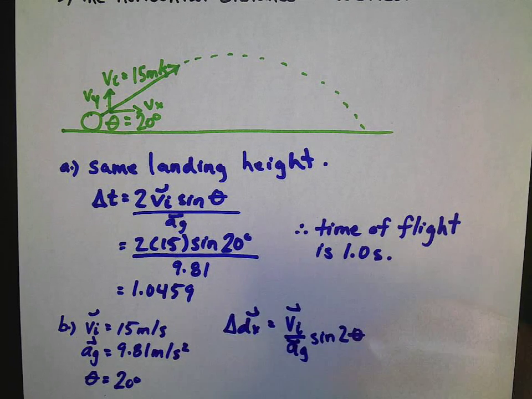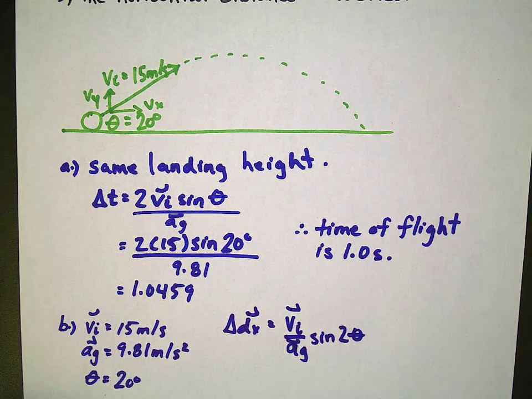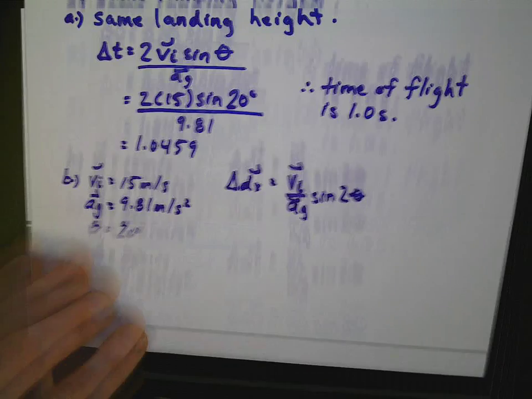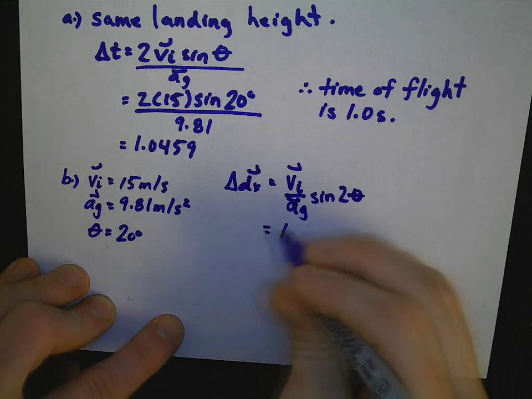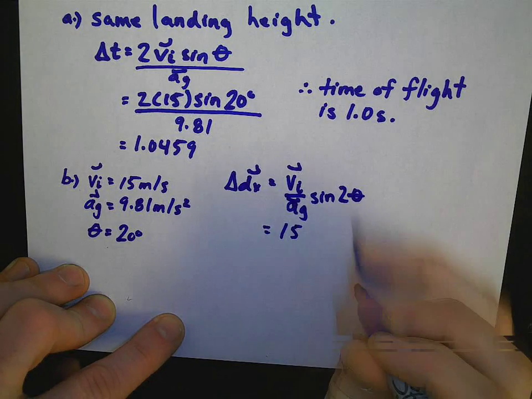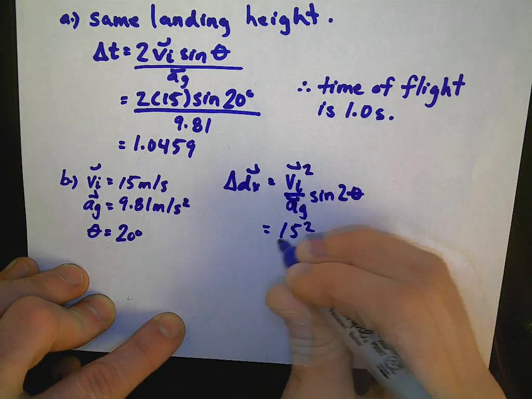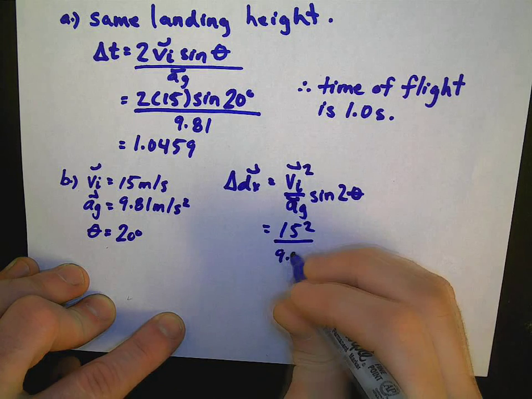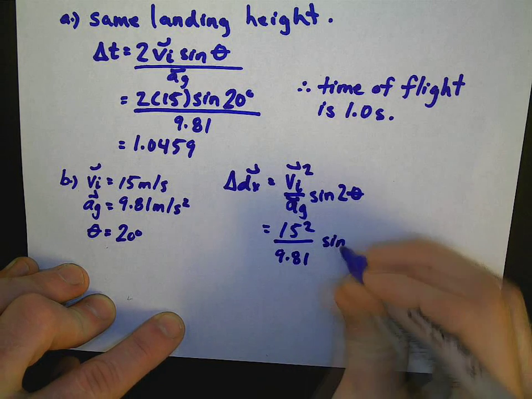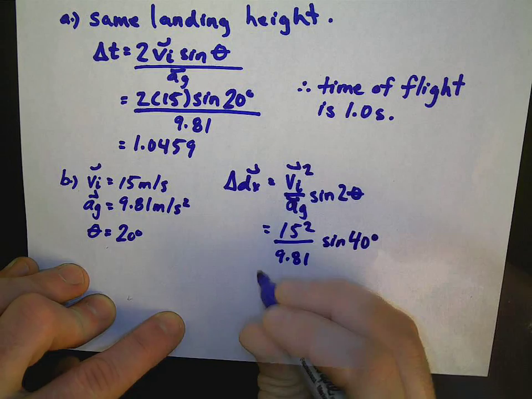is vi squared over acceleration due to gravity times sine 2 theta, and that will be 15, I forgot my squared, sorry, 15 squared over 9.81 multiplied by sine 40 degrees.